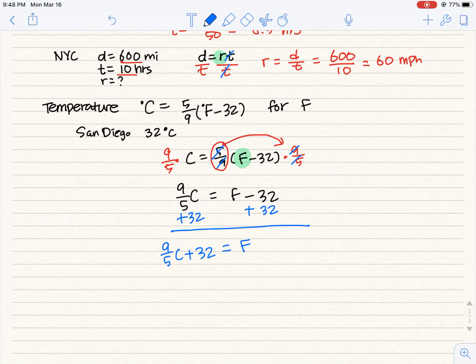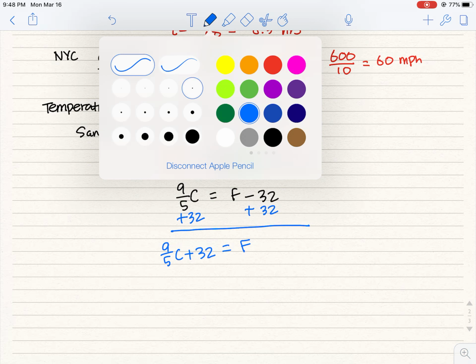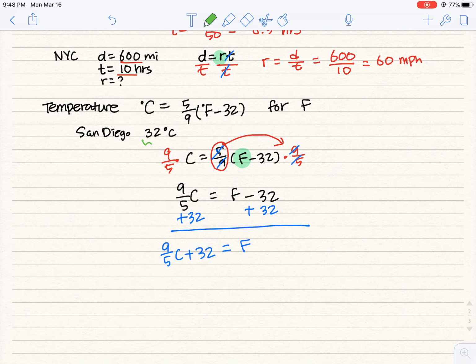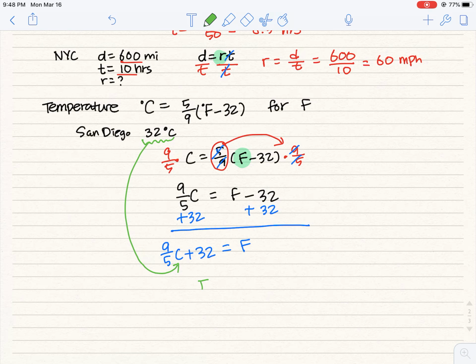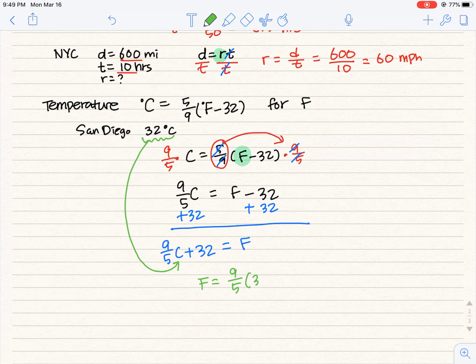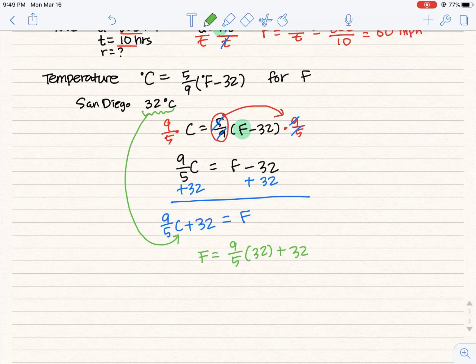I'm not done yet though, because I have to find out the temperature for San Diego. So what I'm going to do is simply put in the temperature, use this one, for San Diego in place of C. So the Fahrenheit temperature for San Diego is going to equal this. And then after you have this operation, I don't mind if you guys use an estimated version of it.